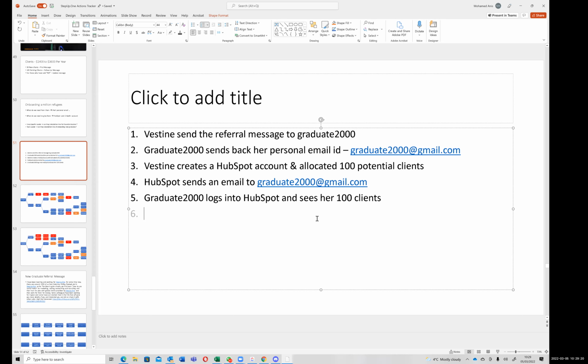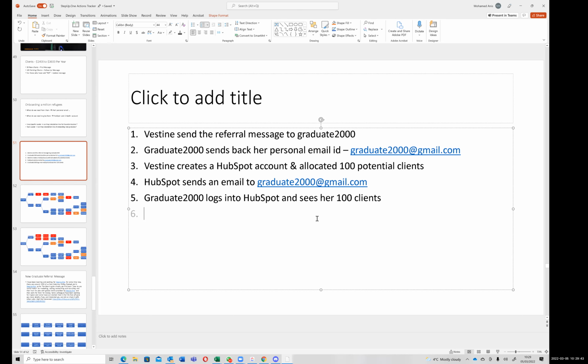In this referral message, Vestin is paired with Deng as a team leader. So Vestin sends a message to 2,000 people, and that referral message has a WhatsApp group that Deng is leading. So these 200 people, in the referral messages, are all going to Deng's WhatsApp group.